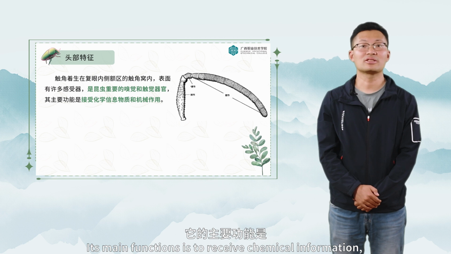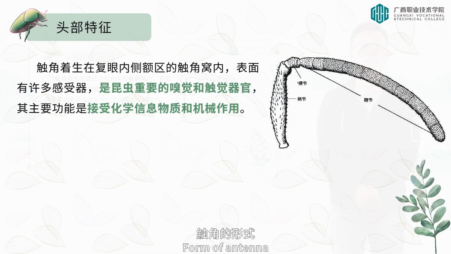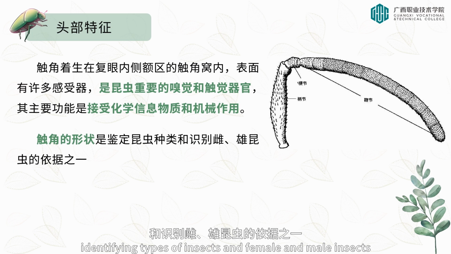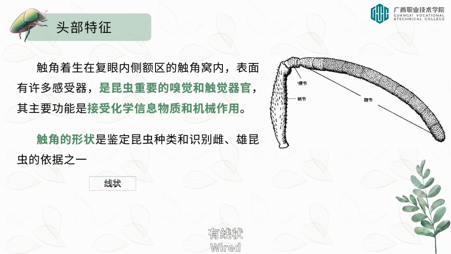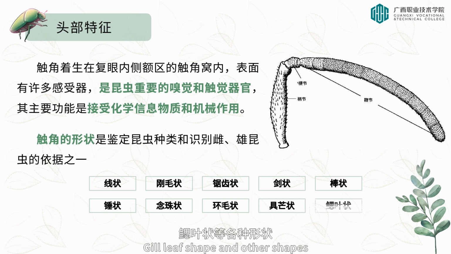Its main function is to receive chemical information, substances, and mechanical stimuli. The form of the antenna is one of the bases for identifying types of insects and female and male insects: filiform, setaceous, serrate, clavate, capitate, moniliform, annular, aristate, lamellate, and other shapes.